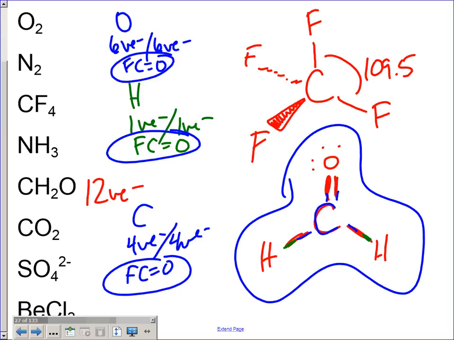Homework, ready? Flip open your packet. You see where it says reading guide, it's the 3rd page back, reading guide part 2. Yes, we're talking about today. Reading guide part 2 says draw Lewis structures for the atoms or molecules below. That's all I want you to do.